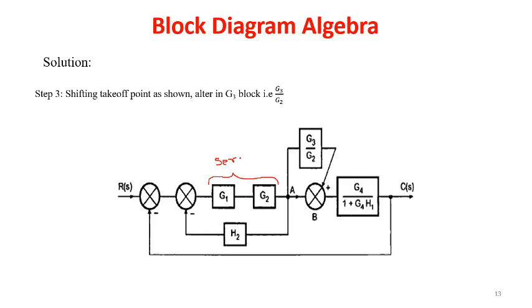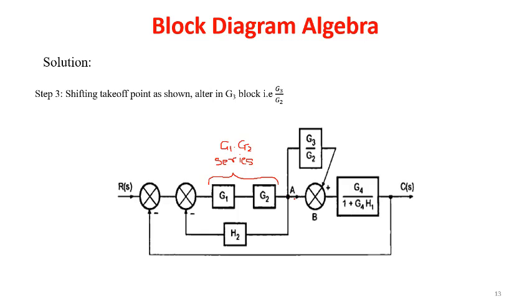So series blocks we have got G1 and G2. So when we cascade these two, we get G1 multiplied by G2, and this block is going to be in the same place, no change.